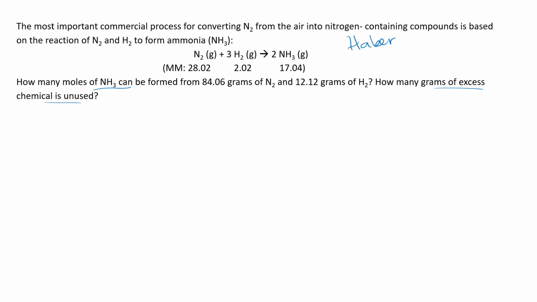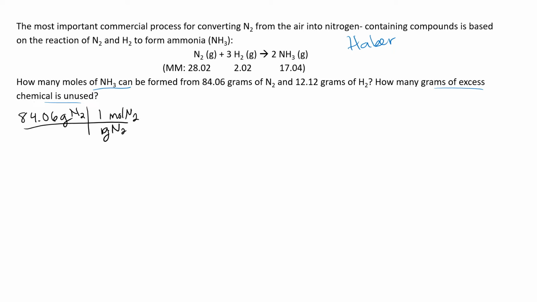So we've got a lot of information to analyze here. The very first thing we need to do is to change these grams of our chemicals into moles so that we can start analyzing them. You cannot analyze it if they're both in grams because we can't follow a mole ratio in grams. So I'm going to do this over here, and take my grams of nitrogen, N2, and change it from grams of nitrogen to moles of nitrogen.